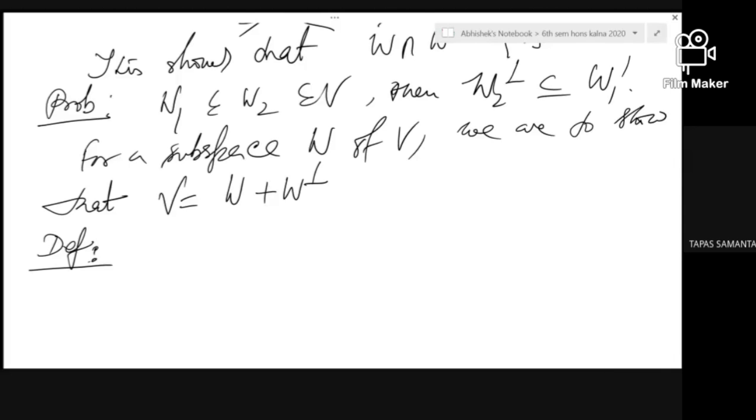To do this representation, that is, to express the vector space V as a sum of W plus W perp, we need to have at hand some kind of special basis with certain properties. One is that the set of vectors of that basis must be linearly independent, since it is a basis.